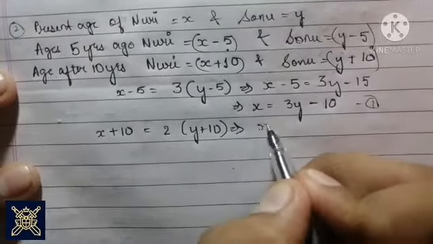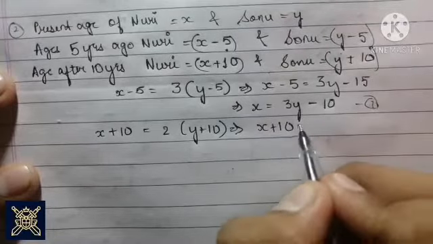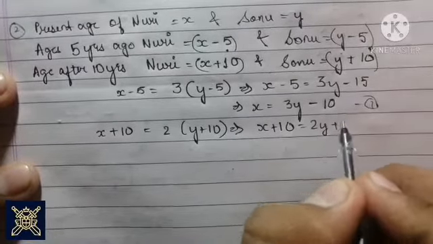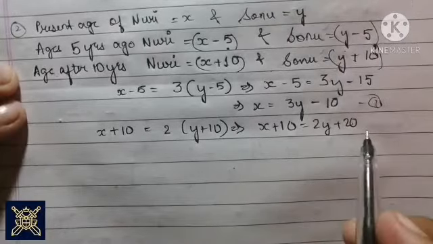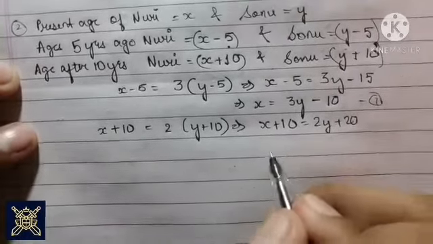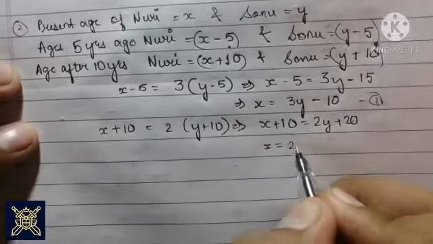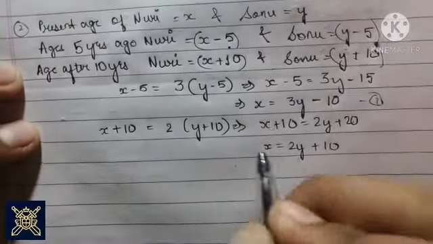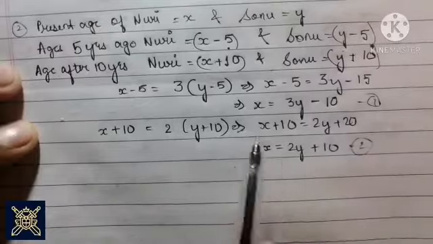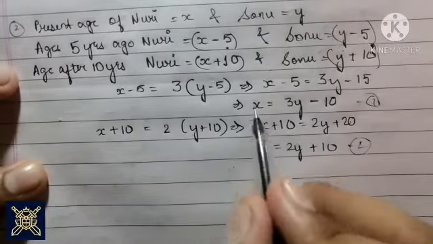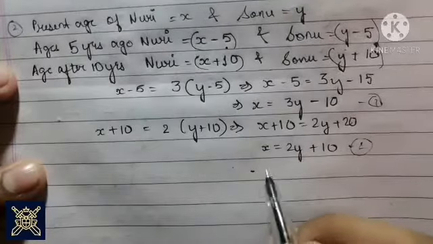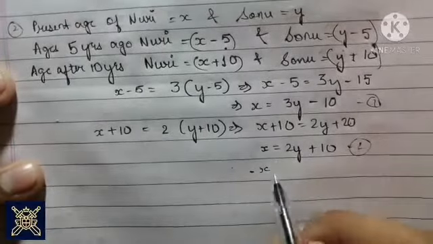So what we get is x plus 10 is equal to 2y plus 20. This plus 10 will go to that side, become minus 10, and 20 minus 10 is 10. So we get that x is equal to 2y plus 10. Now as you can see, we can clearly eliminate x from these two equations. So when we subtract the first one from this, we get that x is equal to 3y minus 10.